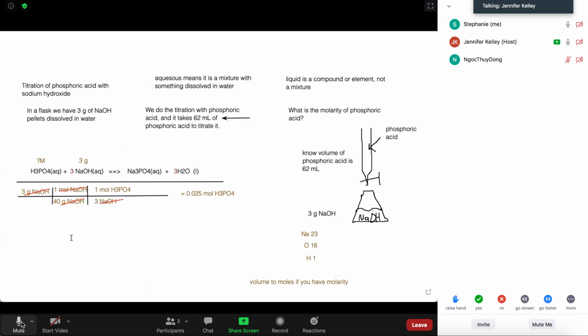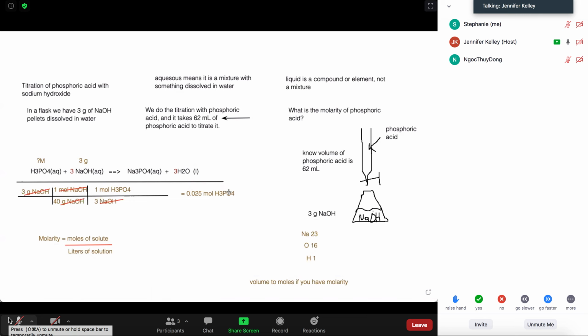All right, so the next part is to put it into our molarity formula. So moles of solute over liters of solution.